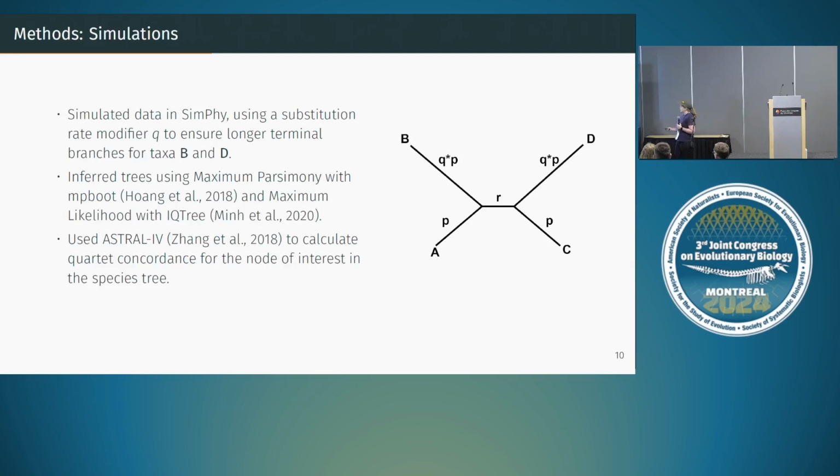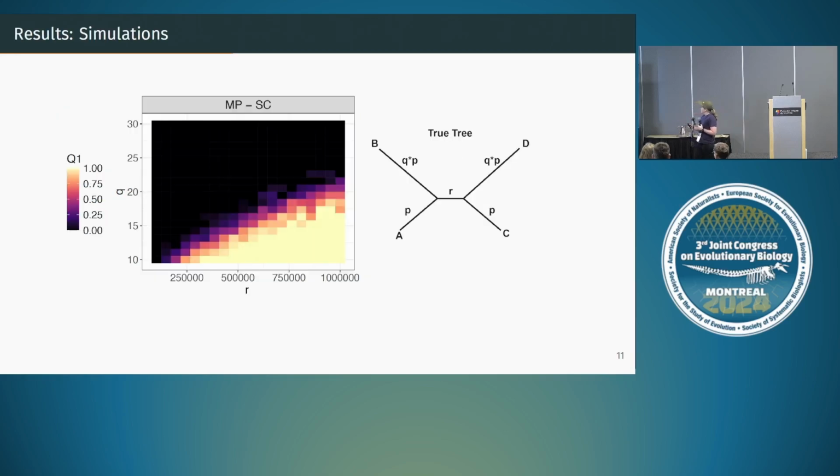And so we simulated these data with duplication and loss. We inferred trees with maximum parsimony and maximum likelihood, and then we estimated quartet concordance using Astral. So we estimated the proportion of quartets that are supporting the true relationship where A and B are sister.